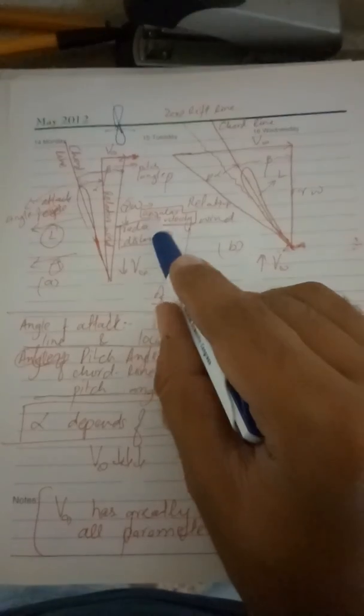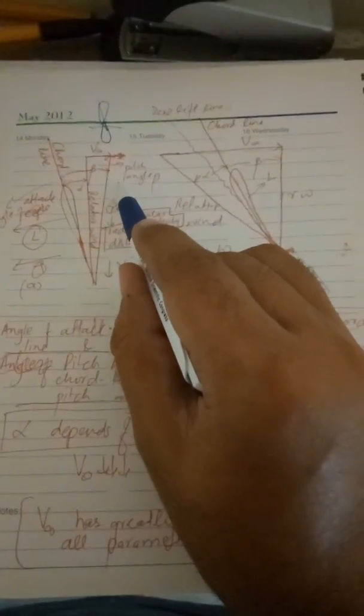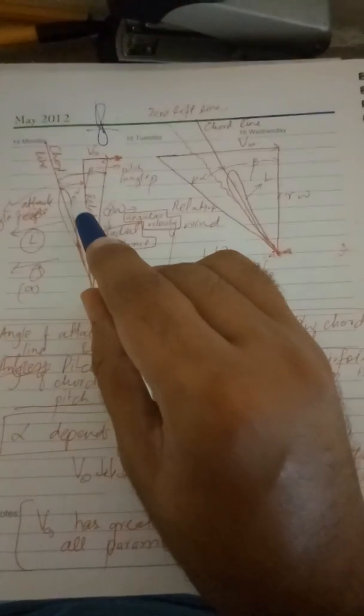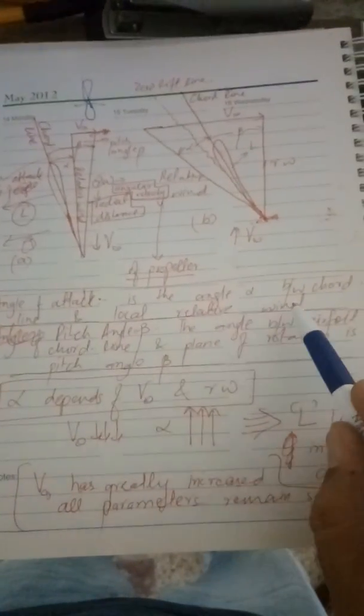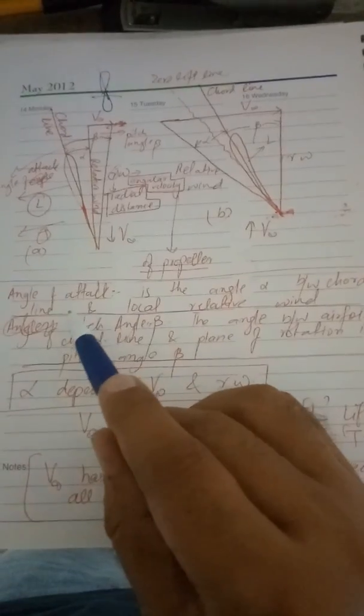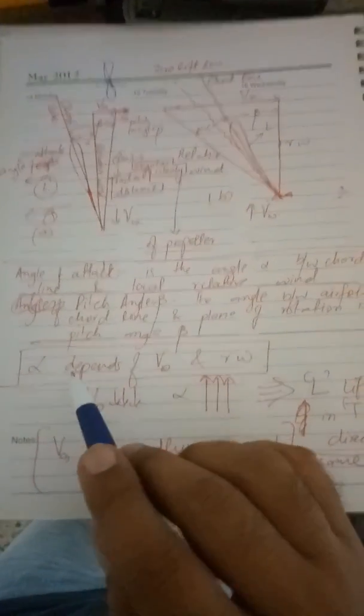This is RW, which is the relative distance. This is the pitch angle beta, and this alpha is the angle of attack, and this is the free stream velocity. Now we see that the angle of attack is the angle between the chord line and the local relative wind. This is the angle of attack definition.